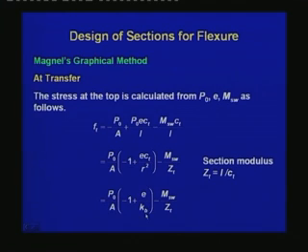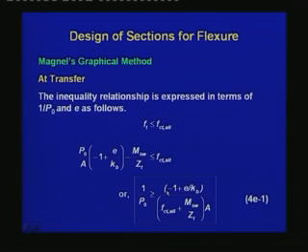This is from the definition of the kern zone. Now, this is the expression of the stress at the top at transfer, and the inequality relationship is Ft should be less than or equal to Fct allowable.